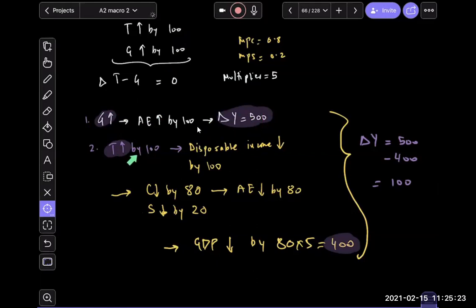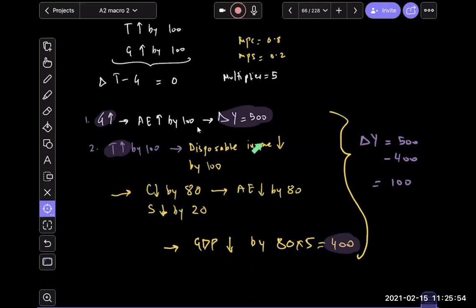But when you change taxes, because taxes make income go down, consumption and saving both will change. So if I ask you, you have two policy tools: change taxes or change government expenditure. Which one will have a larger effect on GDP? Government expenditure, because taxes change income, so they change consumption and saving both at the same time. And only consumption is part of AE, which is C plus I plus G.